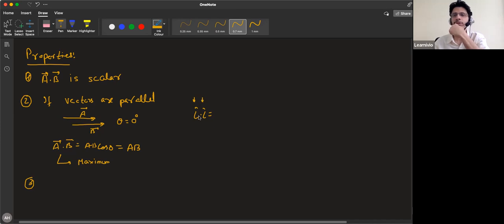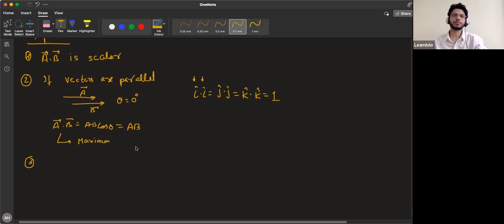So what should be the angle between these two I caps? 0 degree. See, both the I caps are along x-axis, so the angle between them is 0 degree. Similarly, if I take two j cap or two k cap, the angle between them is 0 degree. If I take their dot, I will get 1. So you should remember this thing. I dot I, j dot j, k dot k, all is equal to 1.